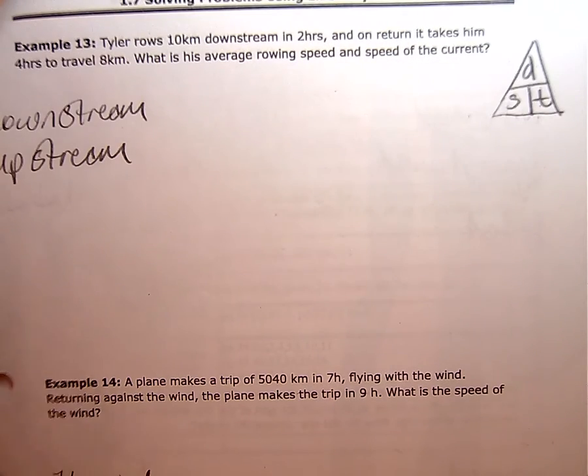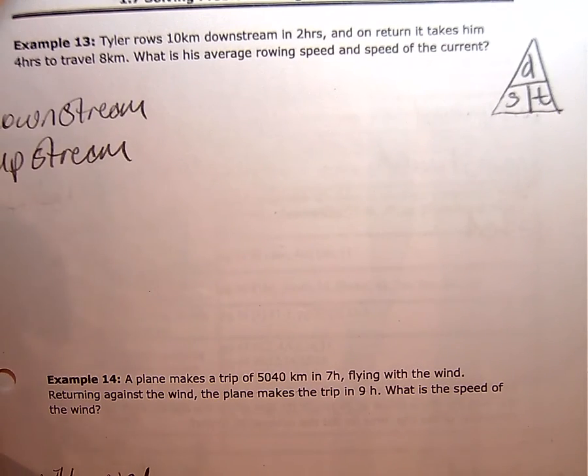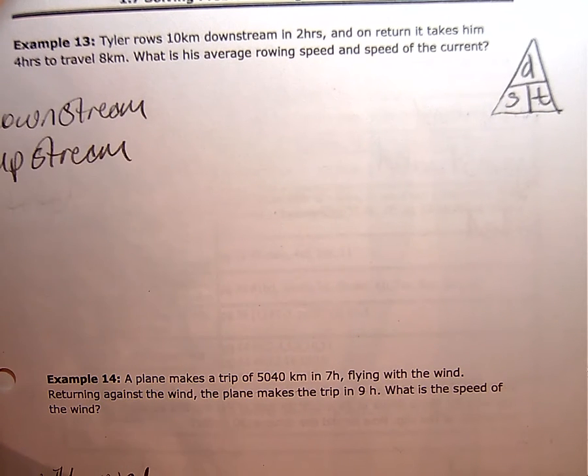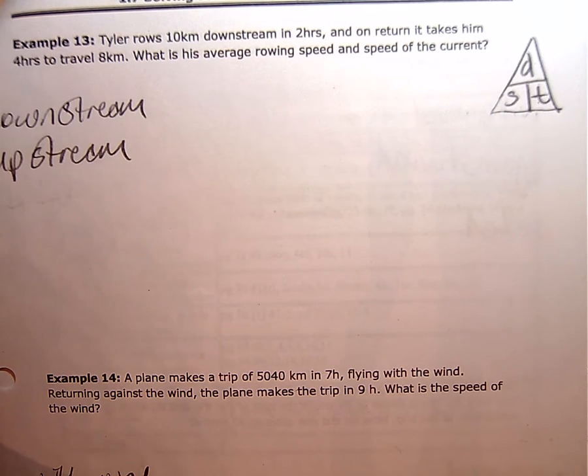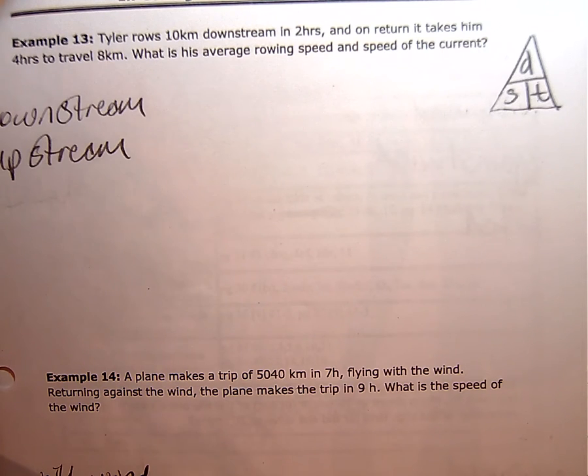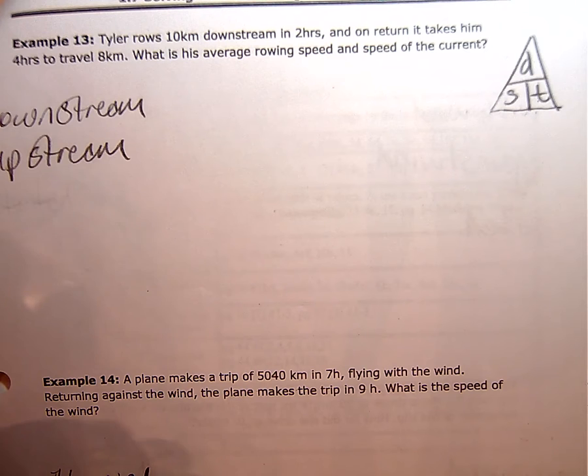I'll just make up the numbers. If you are rowing 10 kilometers an hour downstream and the current is moving at 2 kilometers an hour, I hope you can see that your boat would actually be moving 12 kilometers an hour. It's being paddled 10 kilometers an hour and is getting pushed along by the current an additional 2 kilometers an hour for a total of 12.